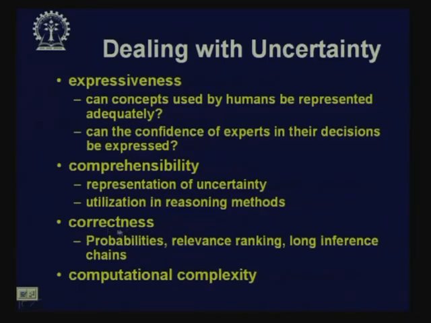The third factor is correctness. How correct is it? When we take probabilities, obviously, anything that has a probability of 0.7 is not known with certainty. So, if I take this 0.7 probability as a key factor to take any decision, how correct would my decision be?